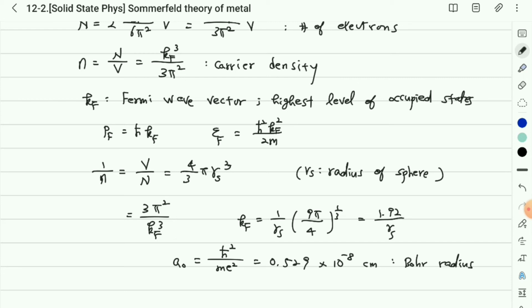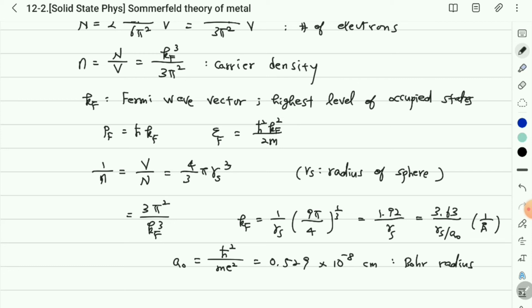From the Bohr radius interpretation, kf is 3.63 over Rs over A0, and the unit is 1 over Angstrom.